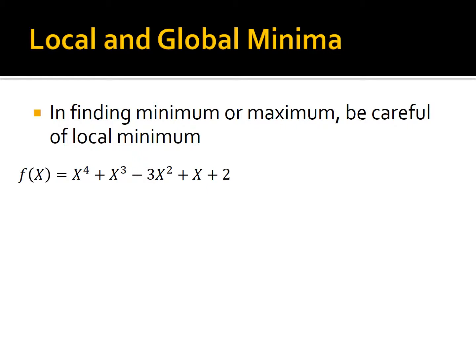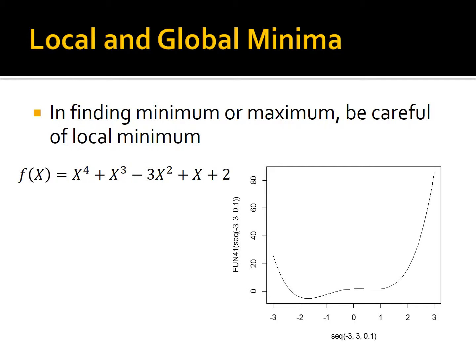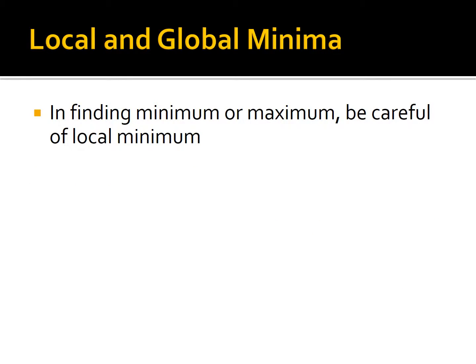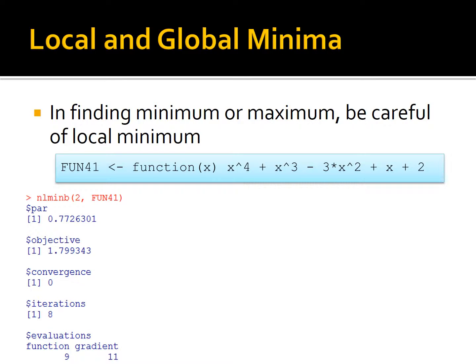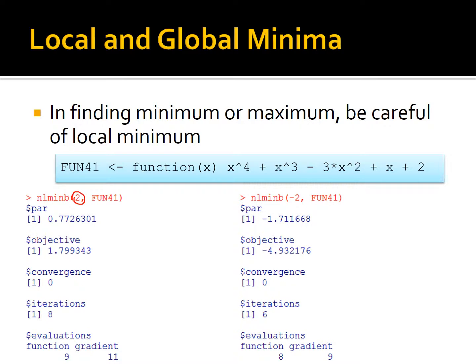So I have this function: x to the fourth plus x to the third minus 3 times x squared plus x plus 2. And I got this graph, and you can see that I have a local minima over here and a global minima over here. If I write out the function like this, and I use nlminb with the starting value of 2, I get 0.77 over here.